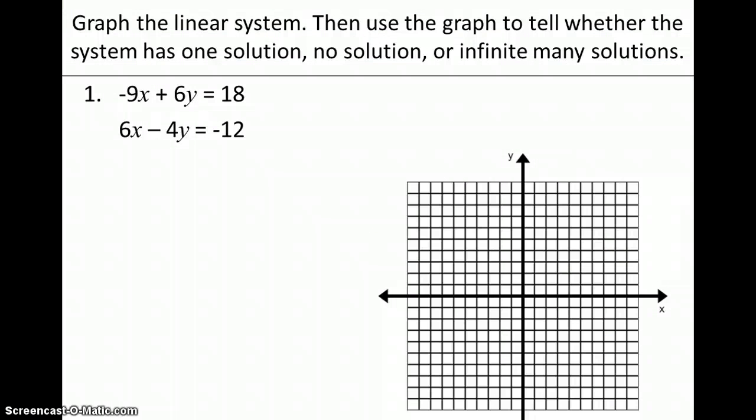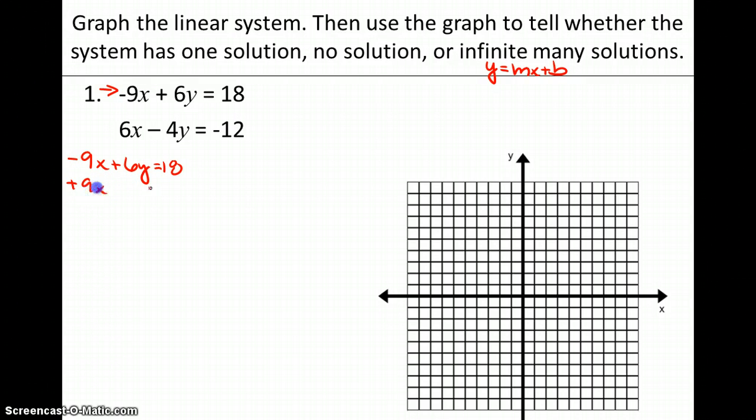Graph the linear system. Then use the graph to tell whether the system has one solution, no solution, or infinitely many solutions. So I have to solve this by graphing. Remember, when you're solving graphically, y equals mx plus b is the key. So I'm going to solve for y to get this in slope-intercept form. Negative 9x plus 6y is equal to 18.